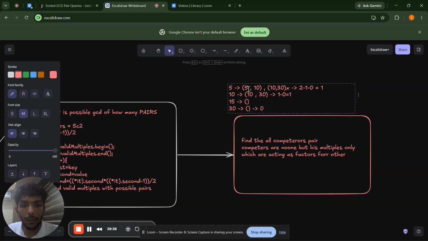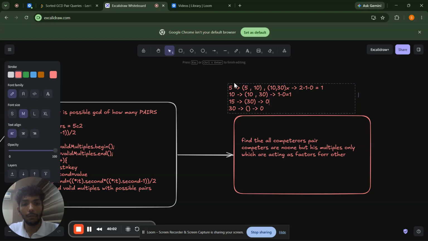He is not dividing 5 or 10, but he is able to divide 30, but he is not able to group him into another pair. There is no another distinct number which is a multiple of 30. So as a result, this will also become 0 using the formula n minus 1 by 2.